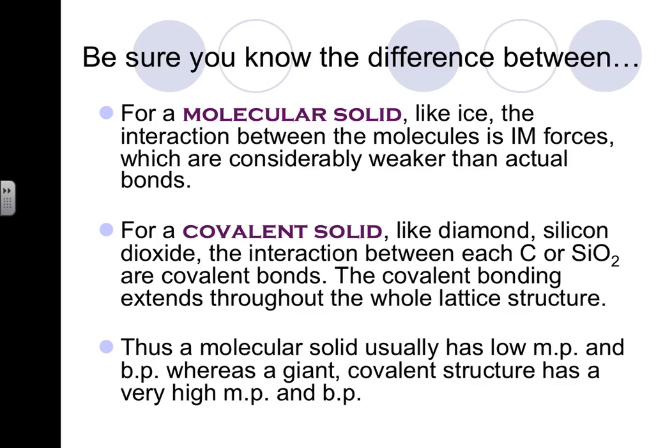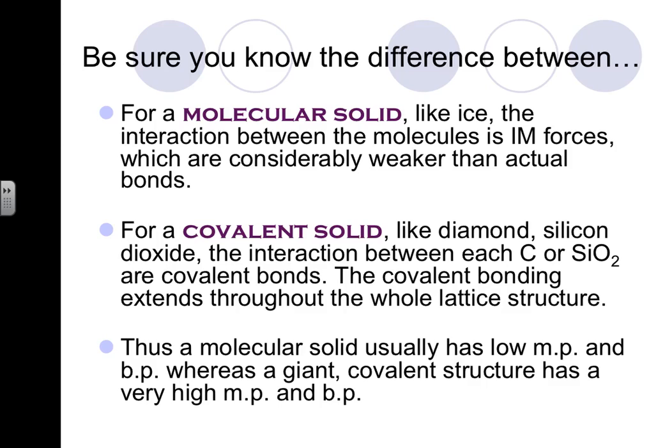For a molecular solid like ice, the interaction between the molecules is intermolecular forces, which are considerably weaker than actual bonds. For a covalent solid, something like diamond or silicon dioxide, which is what makes up glass, the interaction between the carbons or the silicon dioxides, those are all covalent bonds. The covalent bonding extends through the whole lattice structure, and that really gives more strength.